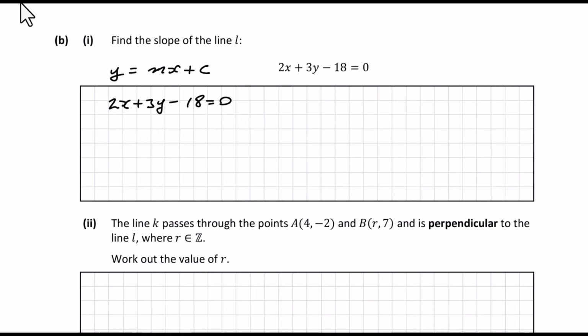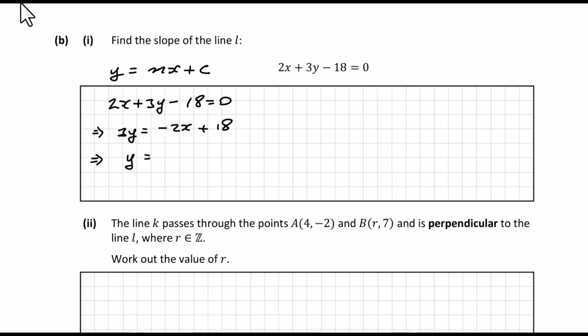We'll get rid of that 2x by subtracting 2x from both sides. And then we'll get rid of that minus 18 by adding 18 to both sides. So that'll leave us with 3y is equal to -2x, we subtracted 2x from both sides, plus 18, we added 18 to both sides. Now we have this 3 stuck to the y. That means it's multiplying, so we need to divide by 3.